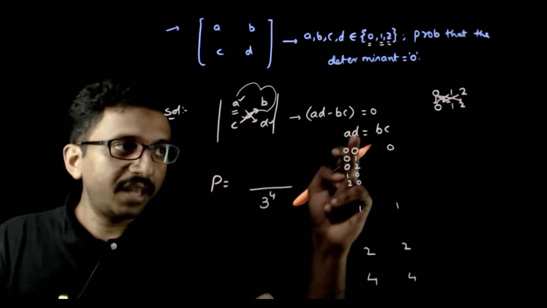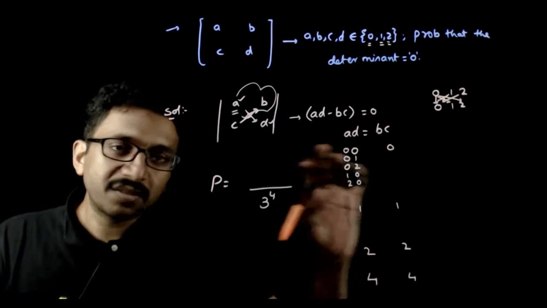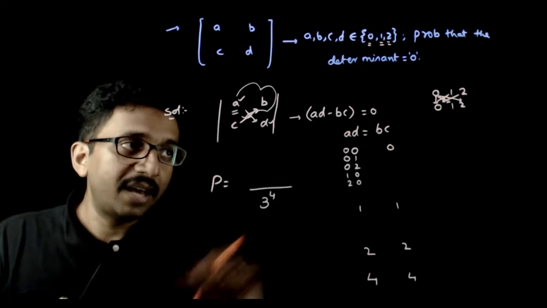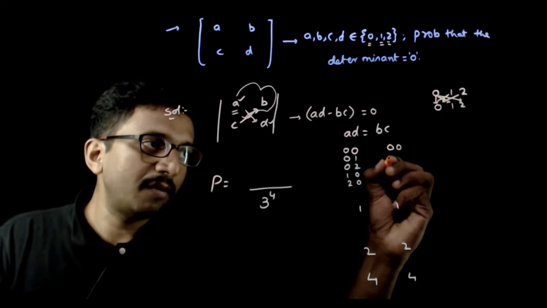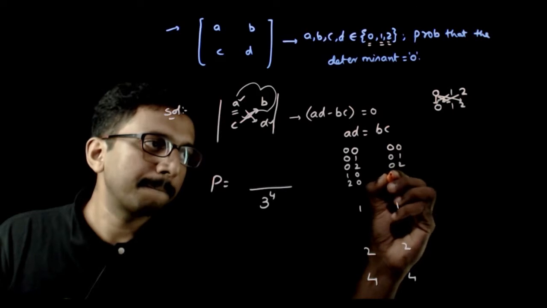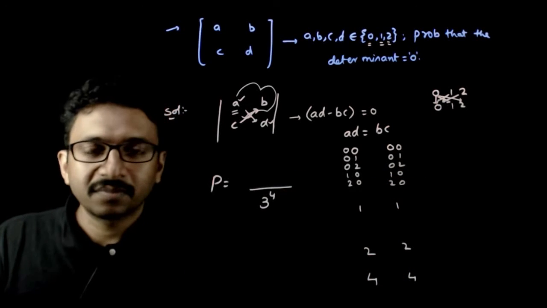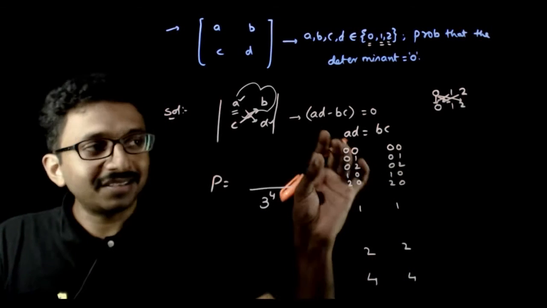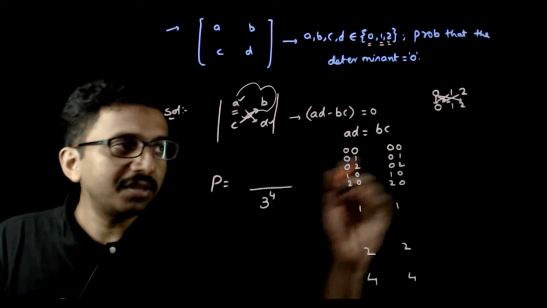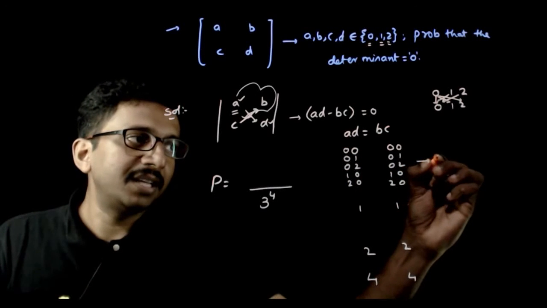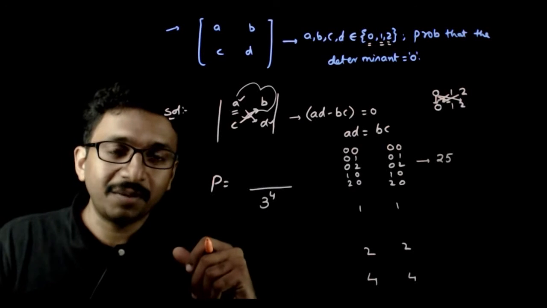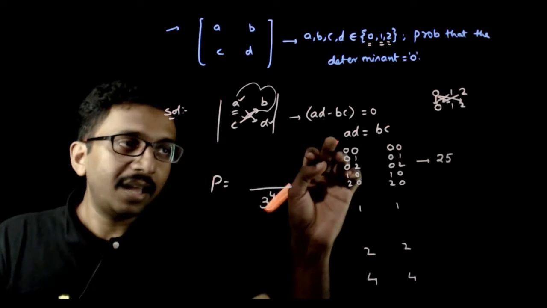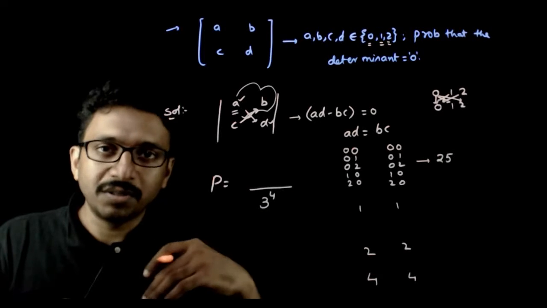These are the values of A and these are the values of D. In these 5 cases, the value of A into D is equal to 0. Similarly for BC you also have 5 options. Now in how many ways can AD as well as BC be chosen? 5 into 5, that is 25 ways. So there are 25 determinants where AD is equal to BC is equal to 0.